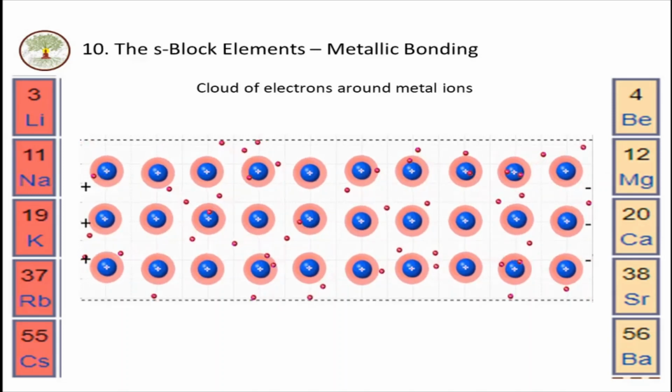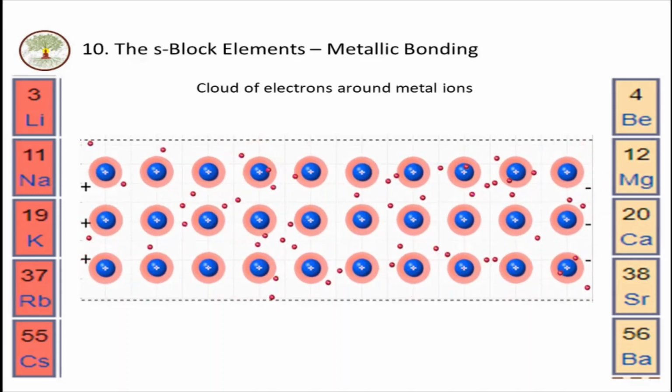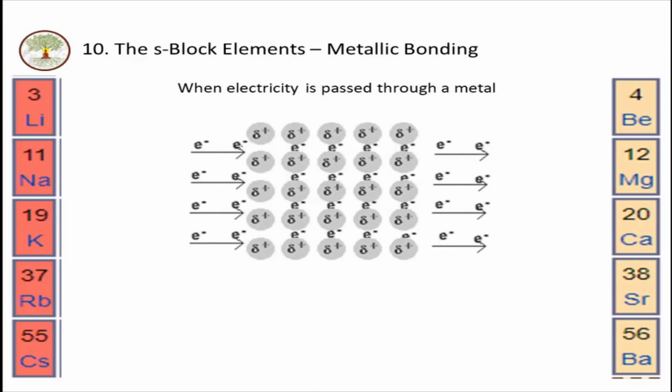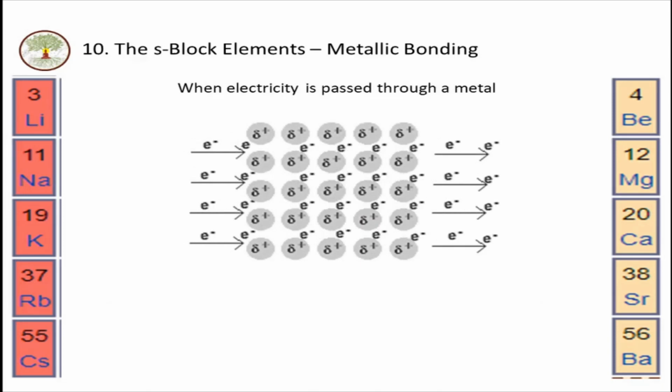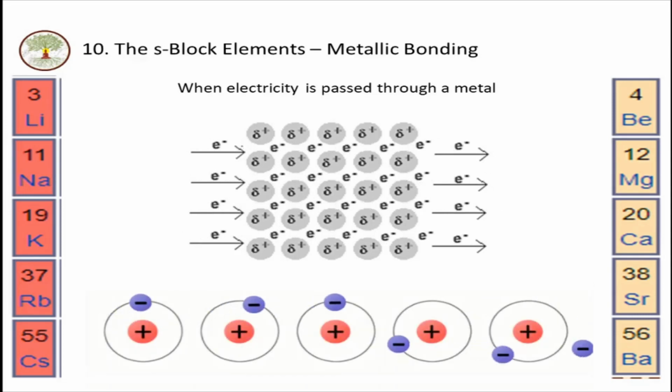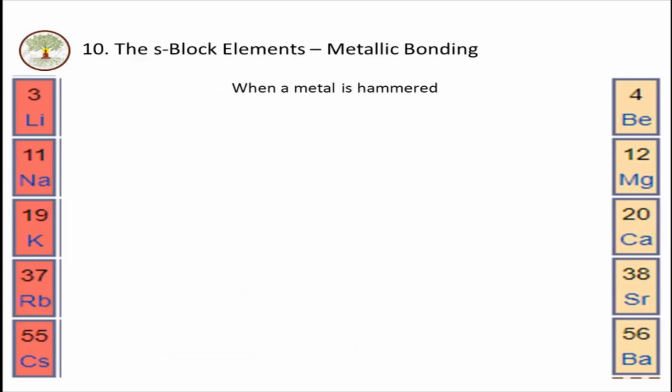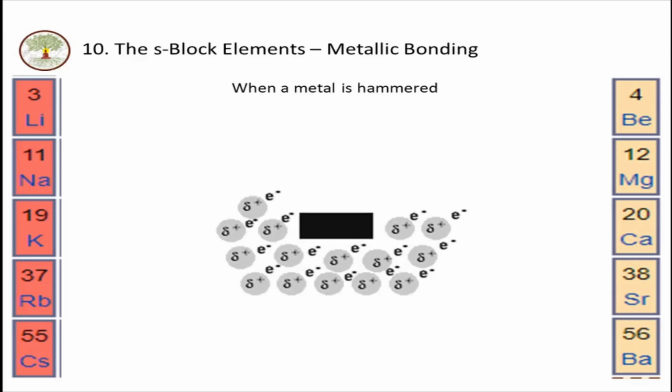And when an electrical potential difference is applied across the two ends, they streamline themselves and move from lower potential to higher potential, from one atom to another. When a metallic object is hammered, it is this metallic bonding that keeps them intact.